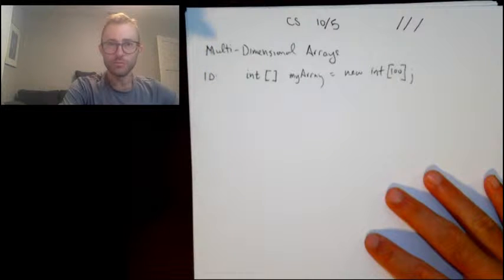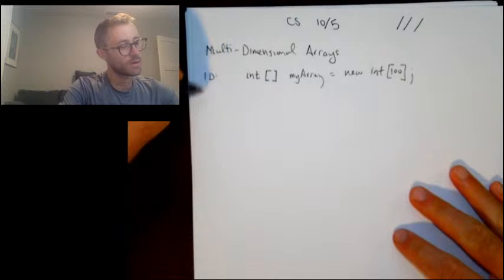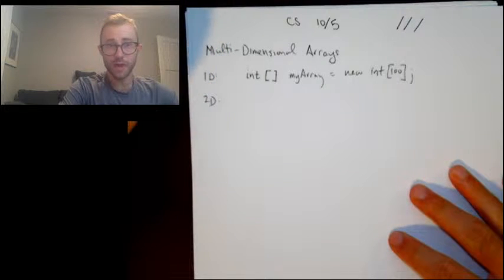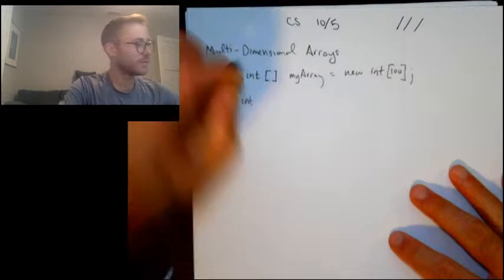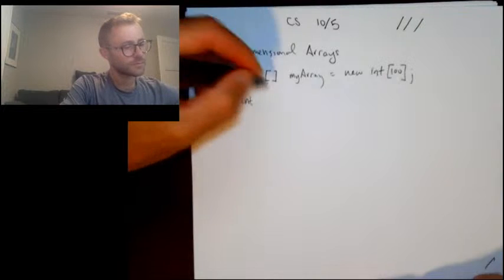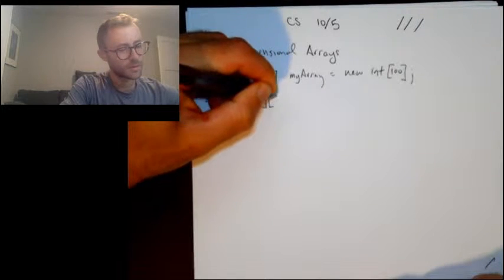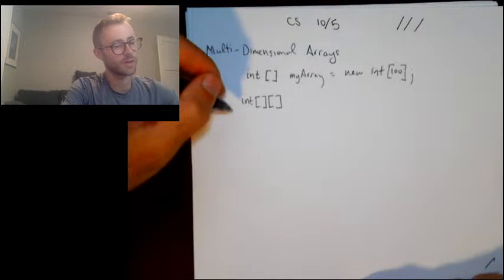If you have an array of dimension 2, then you would declare that by saying int and then you actually have 2 brackets that open and close. So that's a 2-dimensional array.